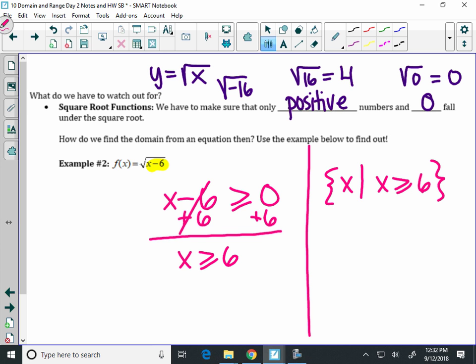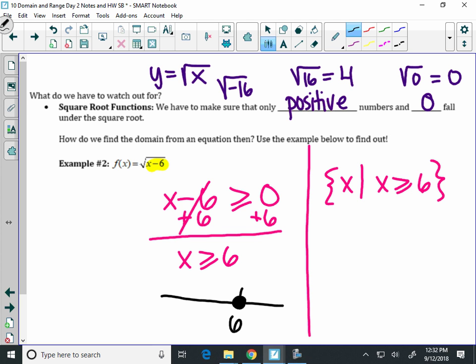If I ask you to write interval notation, you might have to think a little bit. If you need to, some of us are visual, picture people. If you need to draw a really rustic number line, plot 6 on it, and think about how you would make a number line. Well, what kind of dot would go at 6? A closed dot. And if it's greater than or equal to, which way would your arrow go?